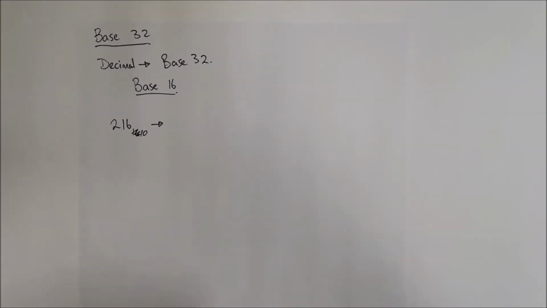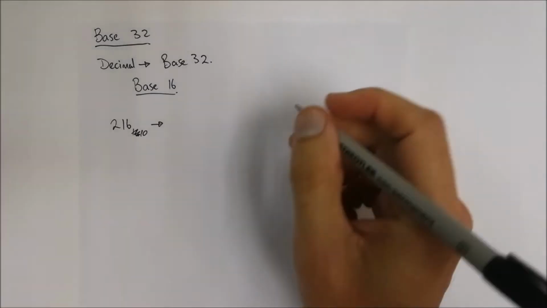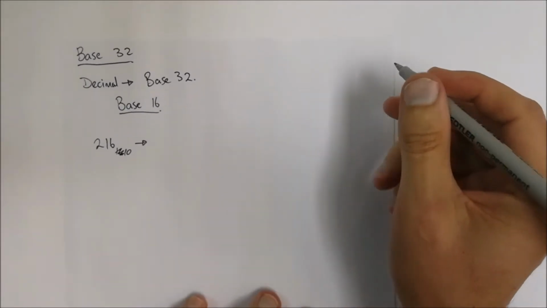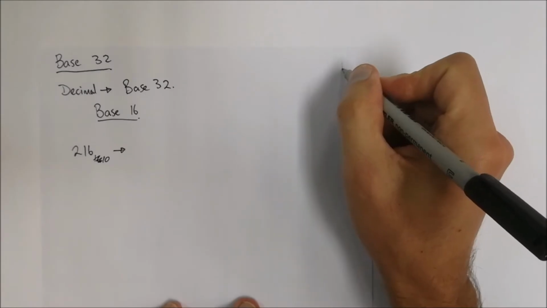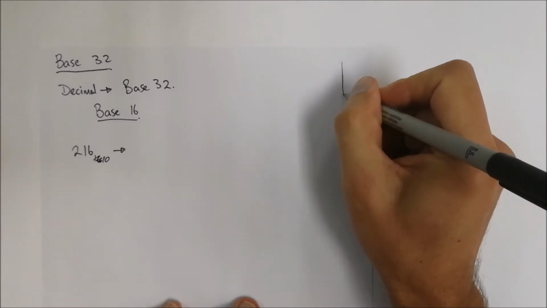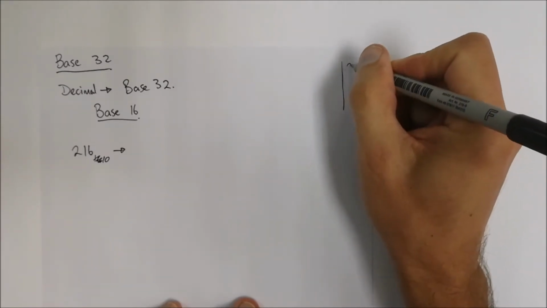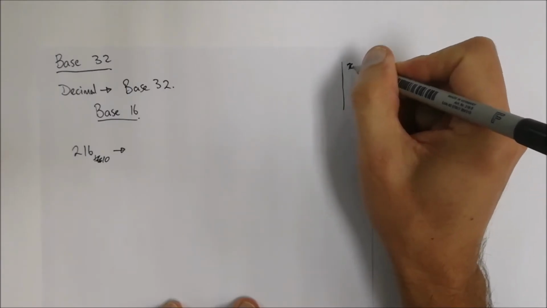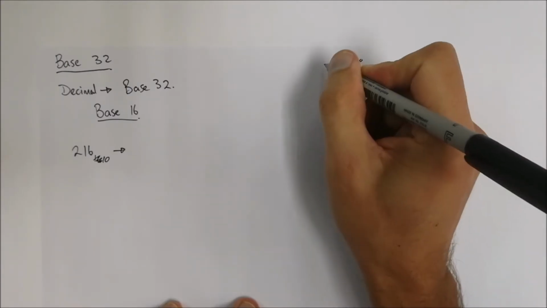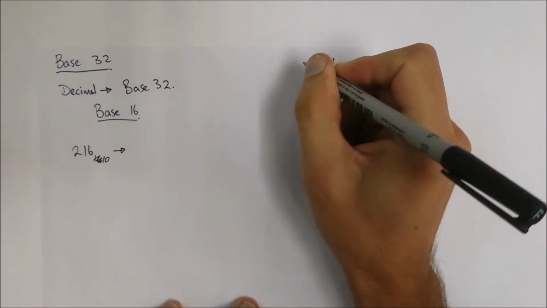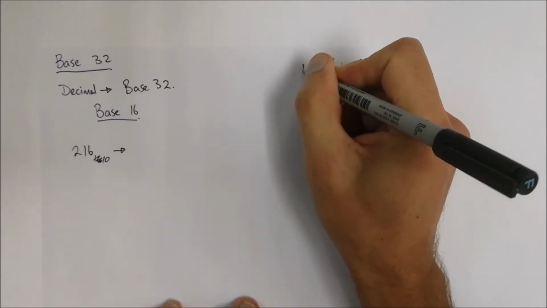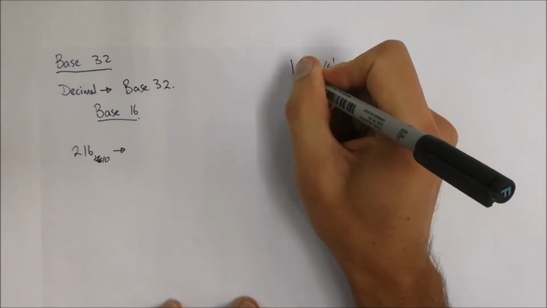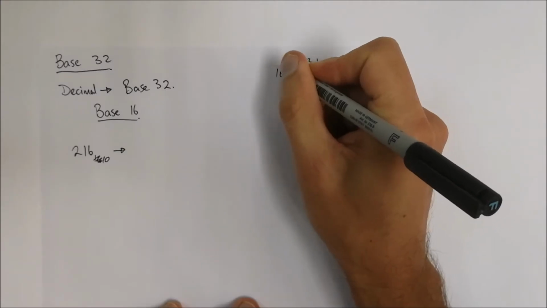Okay, so a bit of a recap. Remember that we had a look at that table. So we had 16 to the power of 0, 16 to the power of 1, 16 to the power of 2, 16 to the power of 3.